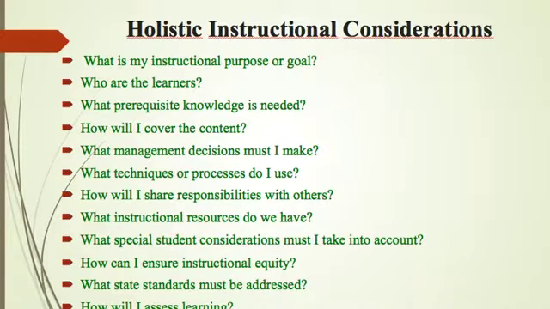How can I ensure instructional equity? I described earlier that equity and equality are two different terms. What strategies will a teacher use to ensure that each student's instructional needs are met, and maybe the teacher needs some external support from other teachers or a co-teacher.